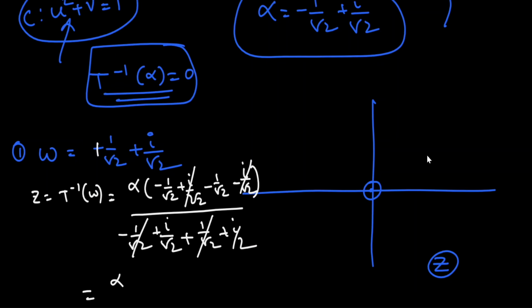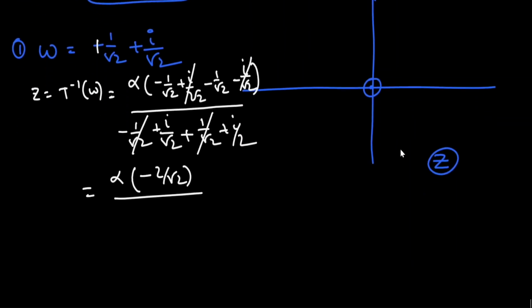So this is equal to alpha into minus 2 by root 2 divided by 2 iota by root 2. The 2 by root 2 terms cancel, so we get minus alpha by iota. If we multiply both numerator and denominator by iota, we get iota alpha.